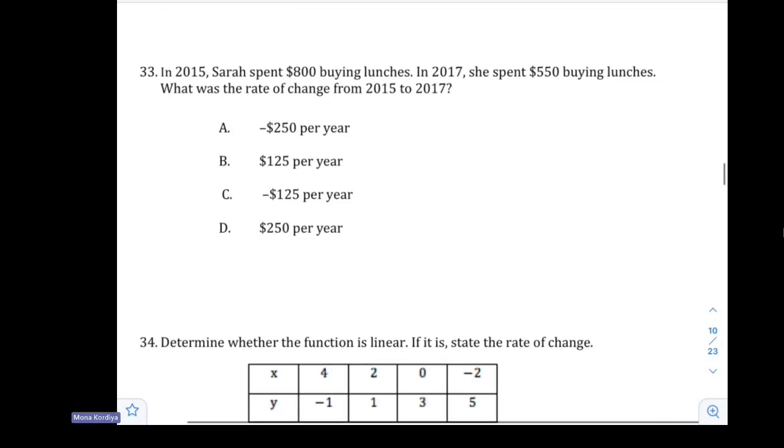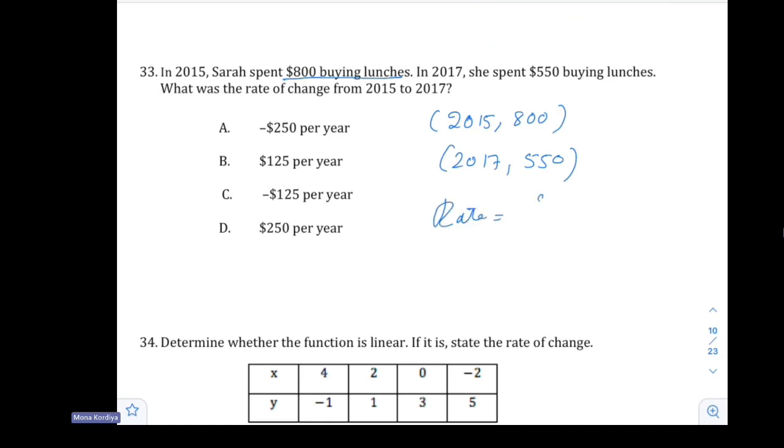In 2015, Sarah spent $800 buying lunches. In 2017, she spent $550. What is the rate of change?